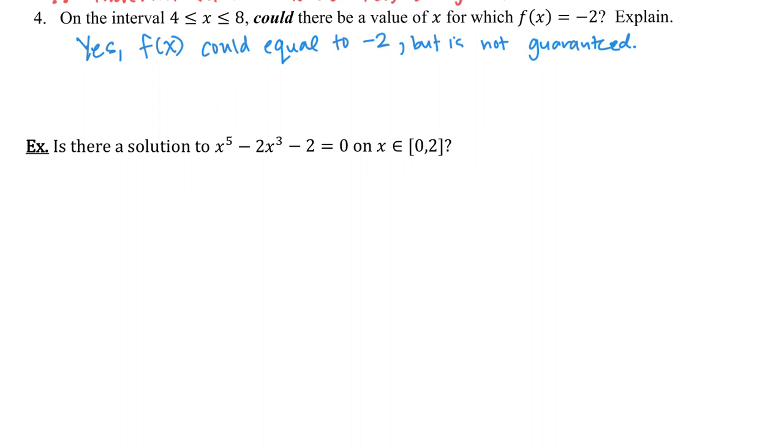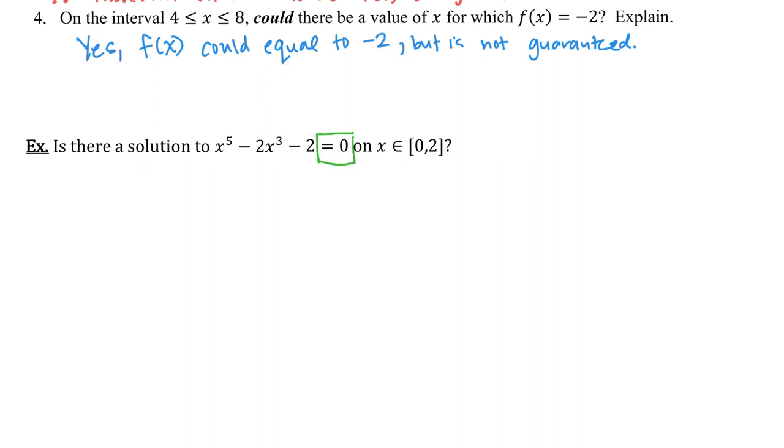Let's look at one more example where we could use the intermediate value theorem so you can see how you would use it in this case. It says, is there a solution to x to the 5th minus 2x to the 3rd minus 2 equals 0 on x is an element of 0 to 2? So x is between 0 and 2, including 0 and 2. I'm trying to see if it equals 0.